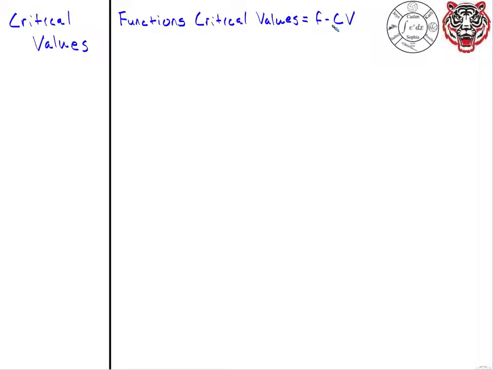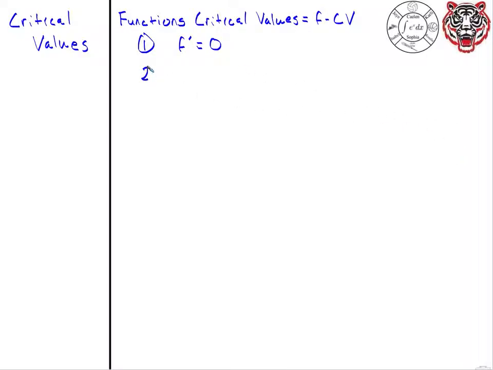There are only two things where there can be a critical value, and here they are. The first thing is where f prime is equal to 0. Maybe equals is the bad way of notating it, so I'll just leave it like this.